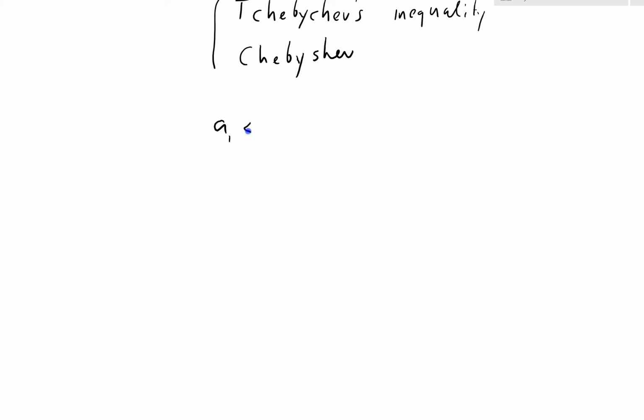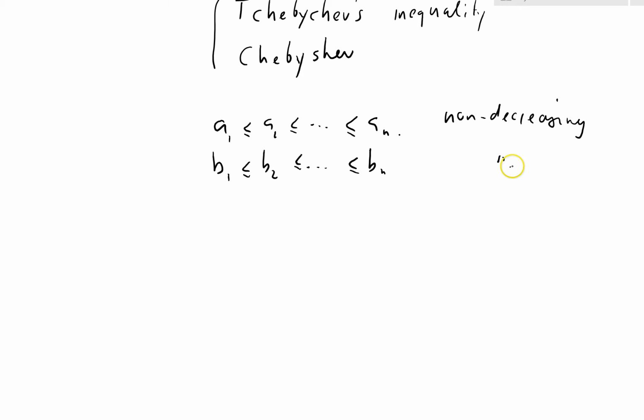Well, we've got a1 less than or equal to a2 less than or equal to ... less than or equal to an, non-decreasing. And similarly, b1, b2, ..., bn, again non-decreasing.